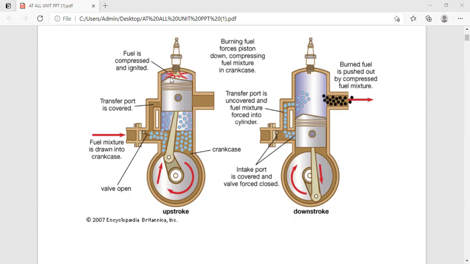Fuel mixture is drawn into the crankcase, and as the piston closes over here, pressure rises, and the fuel mixture is introduced in the upper portion. As there is a heated space, combustion takes place, and the energy released gives power to the piston-cylinder arrangement. Here you can see the upstroke and downstroke. We are going to discuss this in detail later also.